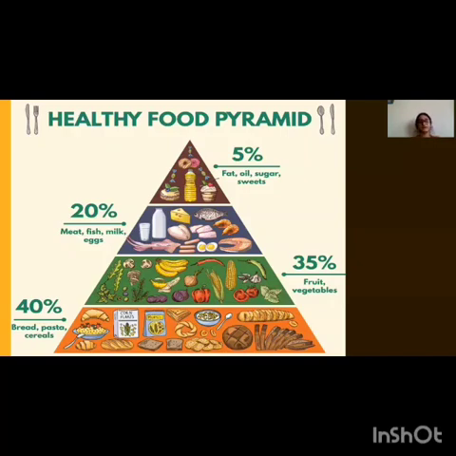I love cakes and all that, but you need to make sure you eat it very little because it's bad for your body. But that doesn't mean you won't eat it at all because you need to have a balanced diet to be healthy. And as you can see, you need to eat carbohydrates the most.